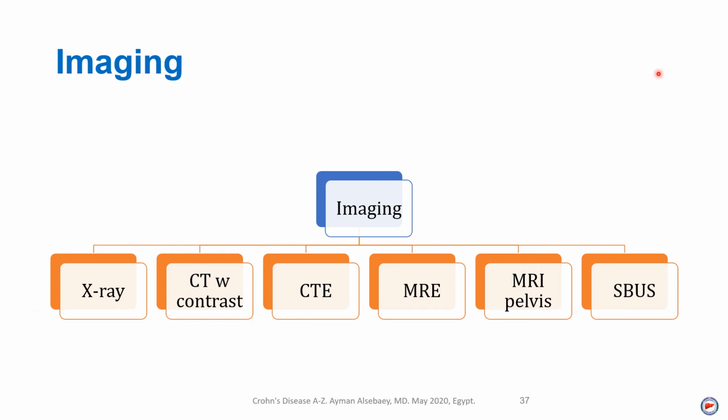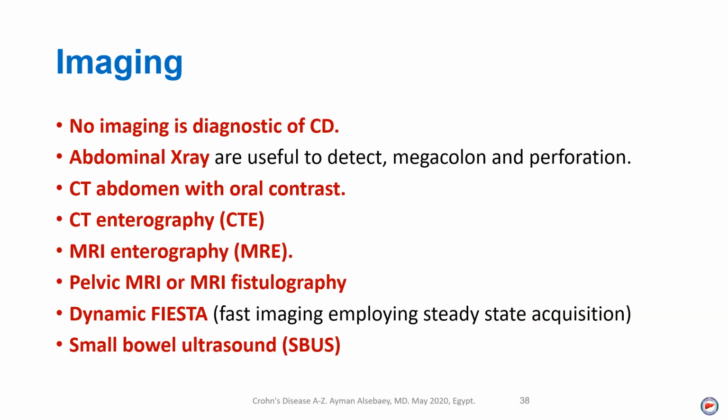So there are multiple modalities, and always in any disease, when you find that there are multiple types of imaging used, there is no specific one for the disease, or there are multiple variations of the disease. No imaging is diagnostic for Crohn's disease.